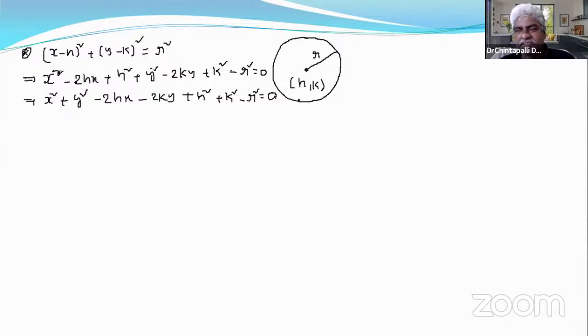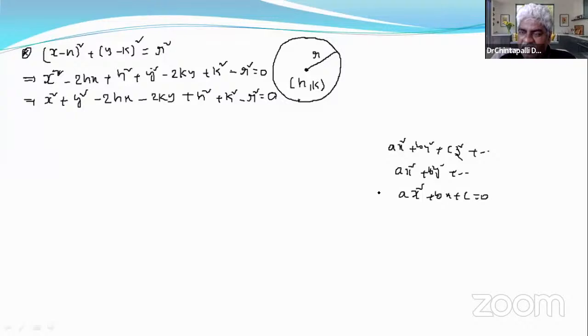The second degree general equation in x and y, the variables x and y. Or in x, y, z, the second degree equation is ax square plus by square plus cz square and so on. The second degree equation in x only, one variable, is ax square plus bx plus c is equal to 0.